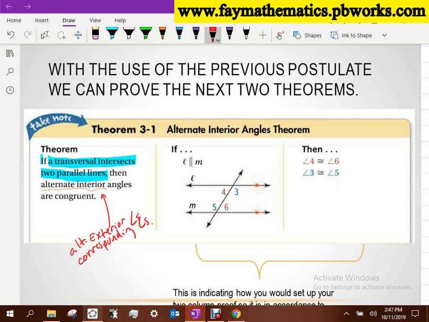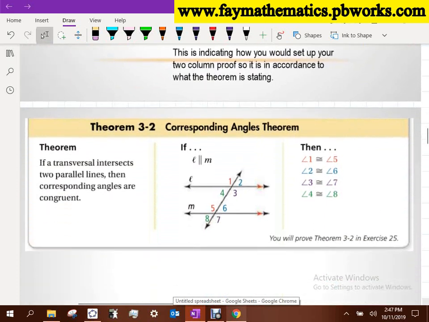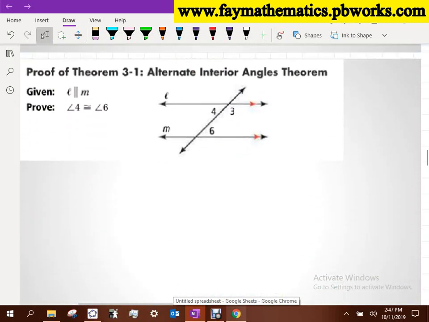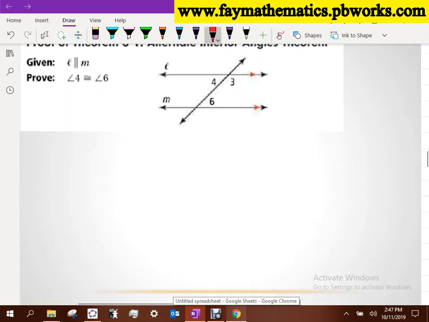So I want to prove this with you. Okay? When we prove this, the statement is going to be converted into our if-then statement. Our if-then statement is going to get converted into our given and prove statement. Remember, the given was the if, and the prove is the then.